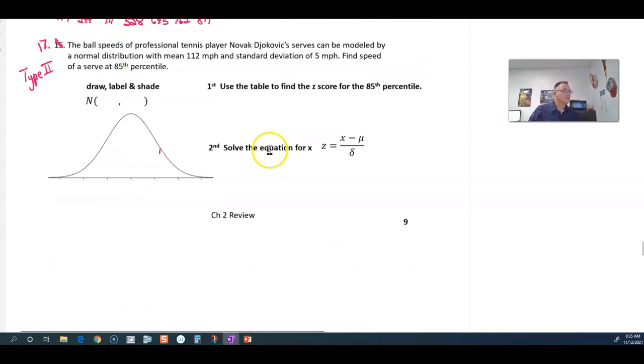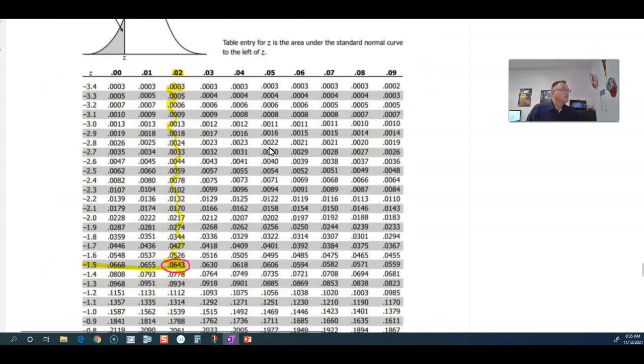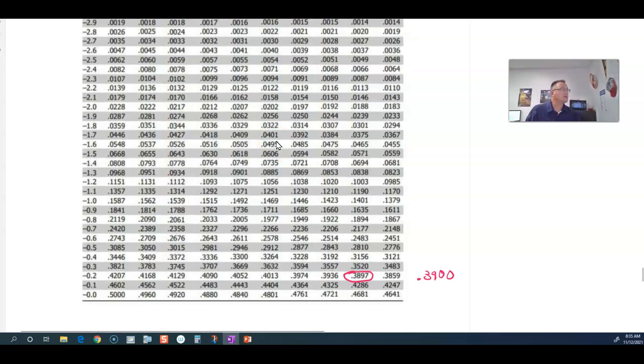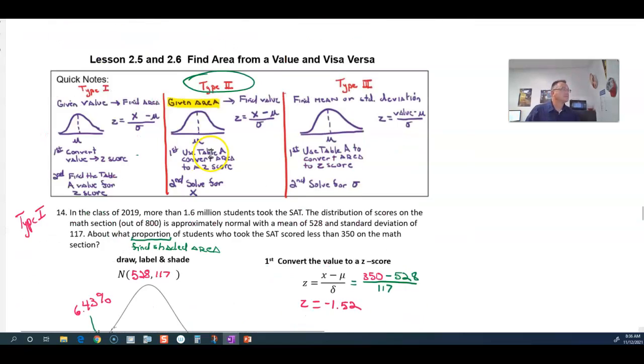Okay, so I'm looking at this negative table, 39. Okay, so 0.36. Let's see, this looks like it's the closest. 3897 would be the closest to 39. So negative 0.28. So that's my z-score.